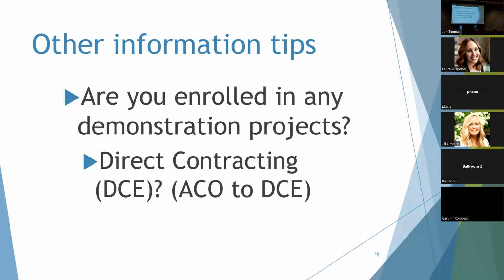But as they move into later phases of the ACO process, they move to this program called direct contracting, DCE. And that's where it flips into a capitation arrangement for you. And there is a downside risk at some point in that. You're going to be watching for the words direct contracting entity, DCE, and capitation.